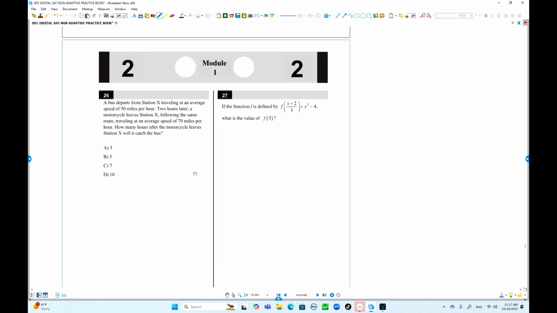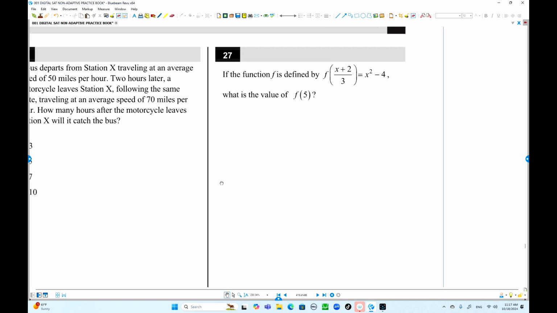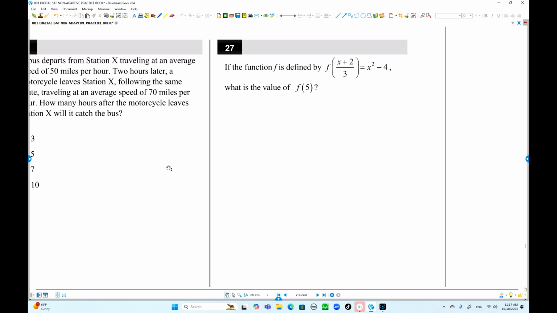Right, here is number 26. The function is defined this way. But this is not the standard form of input, right? Usually the standard form of input is x, not x plus 2 over 3, okay?